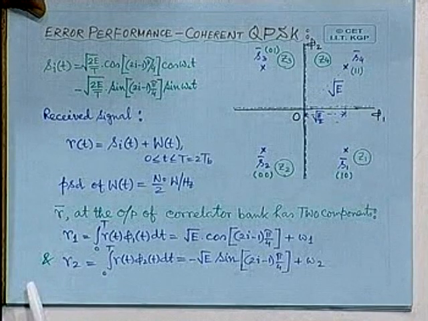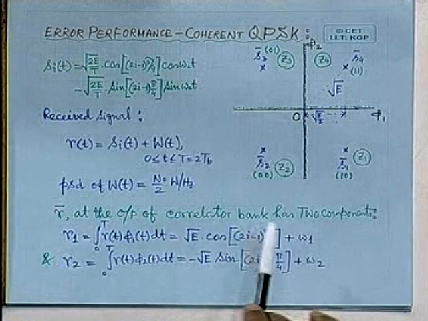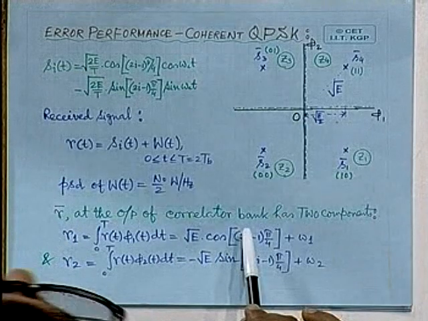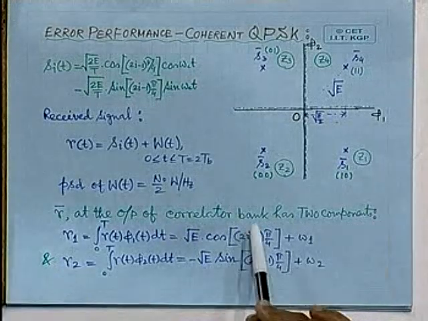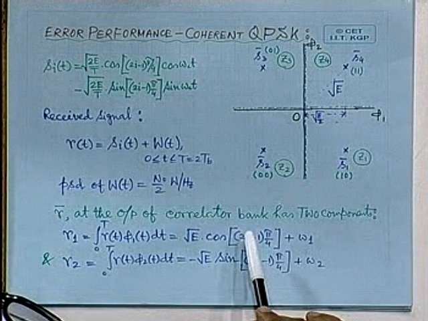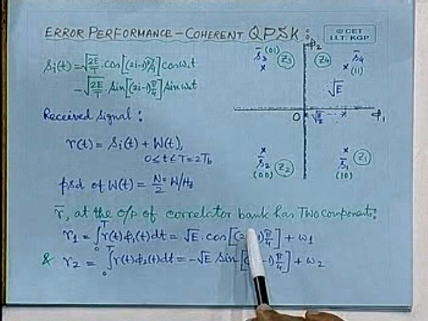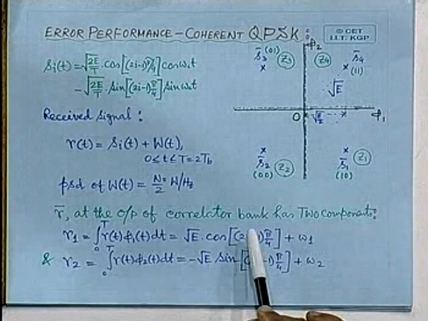Now, the received vector at the output of the correlator bank will have 2 components for QPSK, is that okay? Because we will have 2 correlators, whose multiplicands will be phi 1(t) and phi 2(t), which are the cos omega ct and sin omega ct terms.